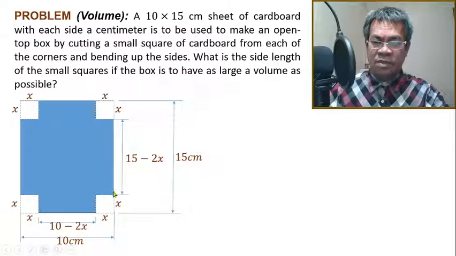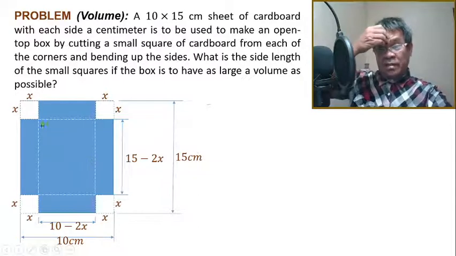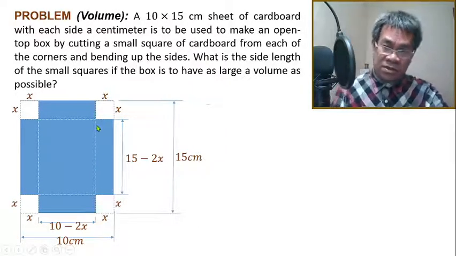Remember, this is very important. Why? Because these are the sides of your box, the length and the width. This is the length, and this is the width of your box, and your height is x. So when you fold it, this invisible line will be the part that will be pulled.